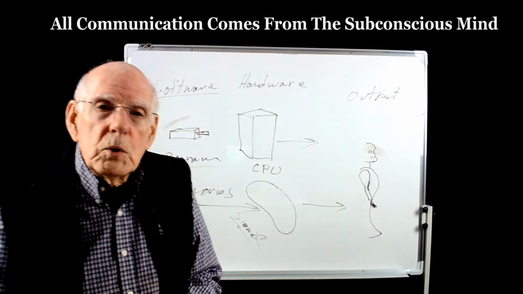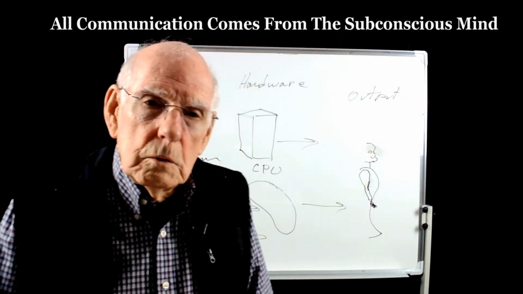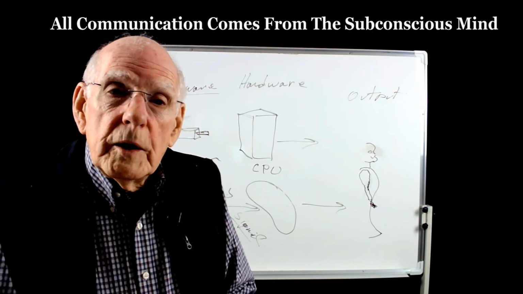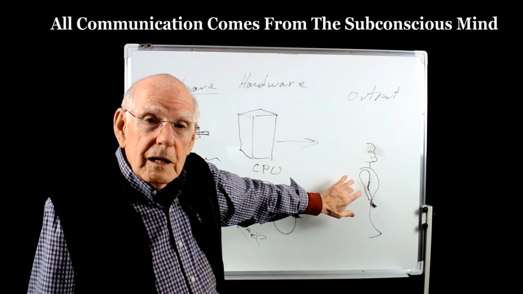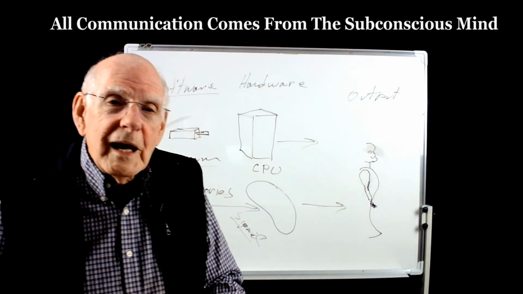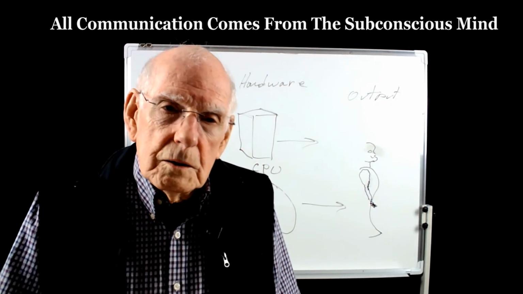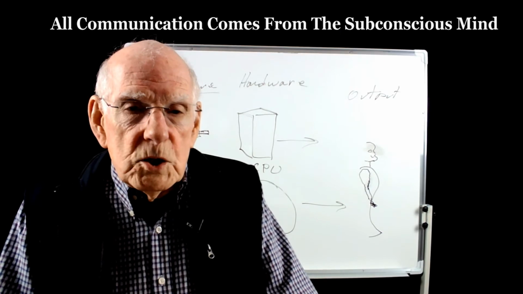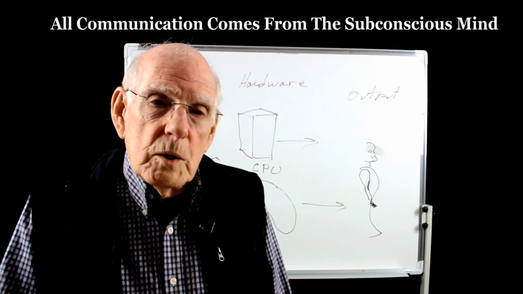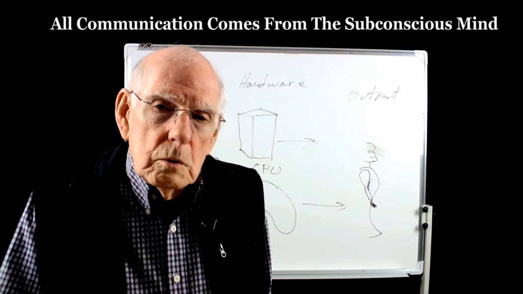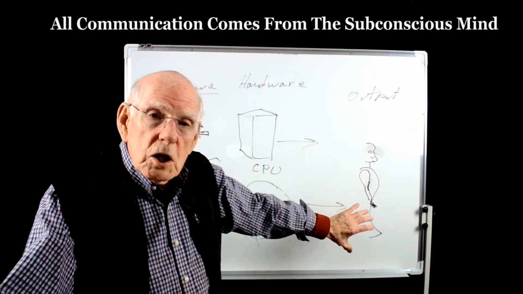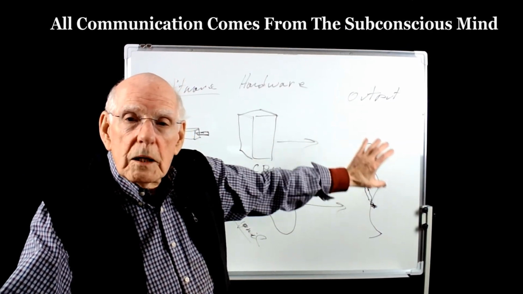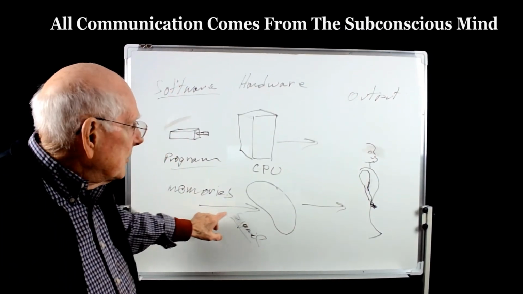So what communicates? Another thing, the body has no direct information from the environment. The only way the body knows on the inside what's going on is because of this process.